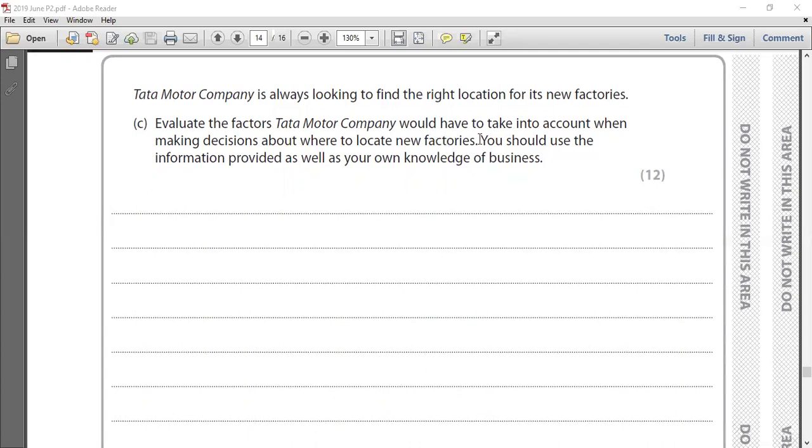Normally in this kind of question, I'll tell you the structure. The difference between a 9 mark and a 12 mark question: normally for 9 marks they use the 2-1 method, but without any definition. But for a 12 mark question, we have to start with a definition, like an introduction, the knowledge section.